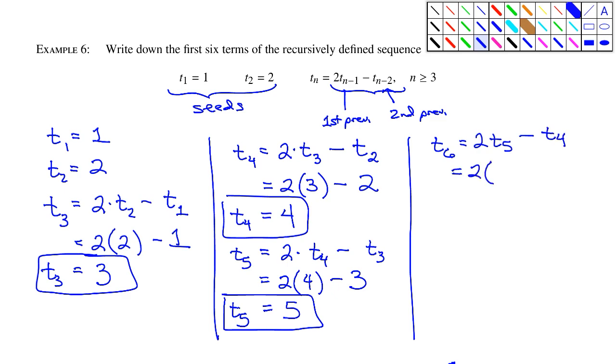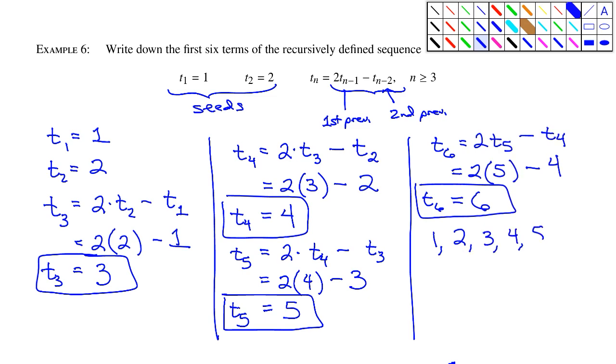T sub 5 was 5, T sub 4 was 4, so this is equal to 6. So the first 6 terms of this sequence are 1, 2, 3, 4, 5, 6.